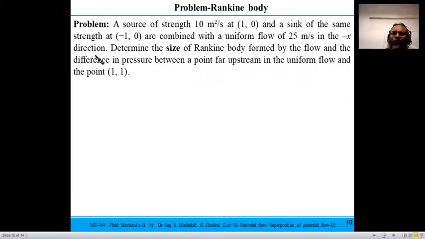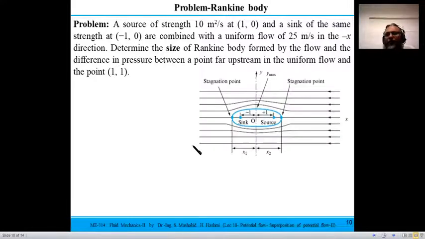So both source and sink are placed at a 2-unit distance. I am combining them with a uniform flow of 25 meters per second in the negative x direction. So flow is coming from this direction, not from that direction, but the magnitude of the free stream velocity is 25 meters per second. Okay, so this is the problem, and let's see how the picture looks.